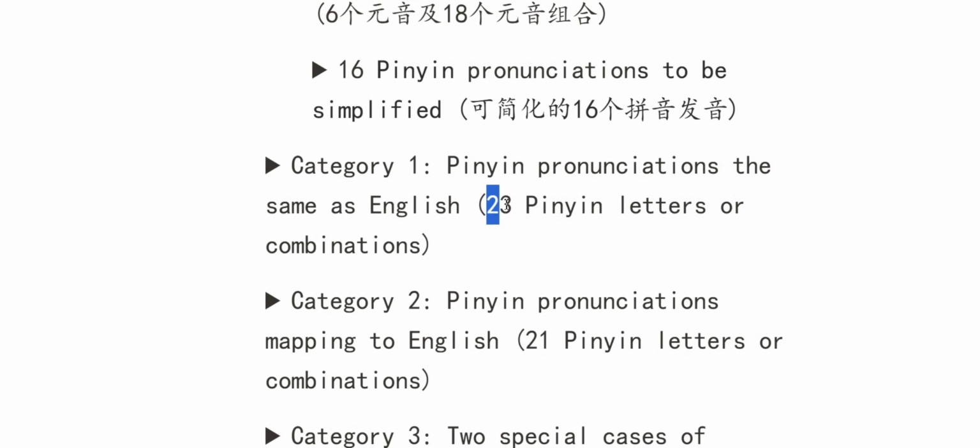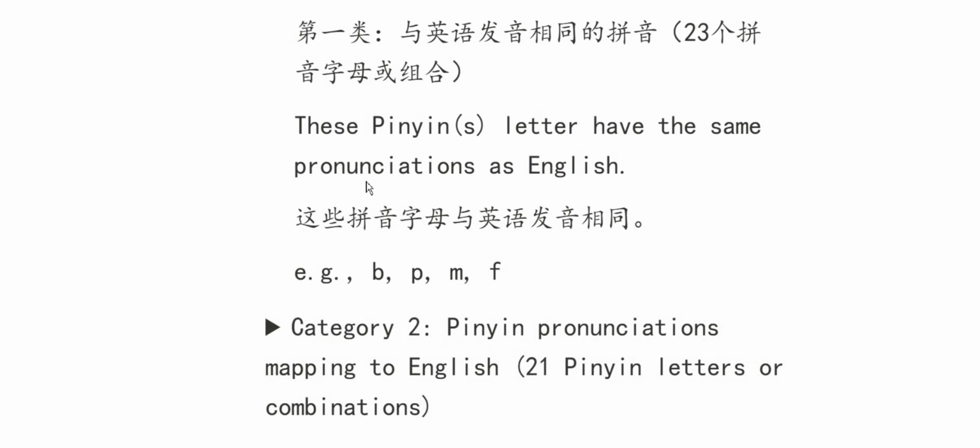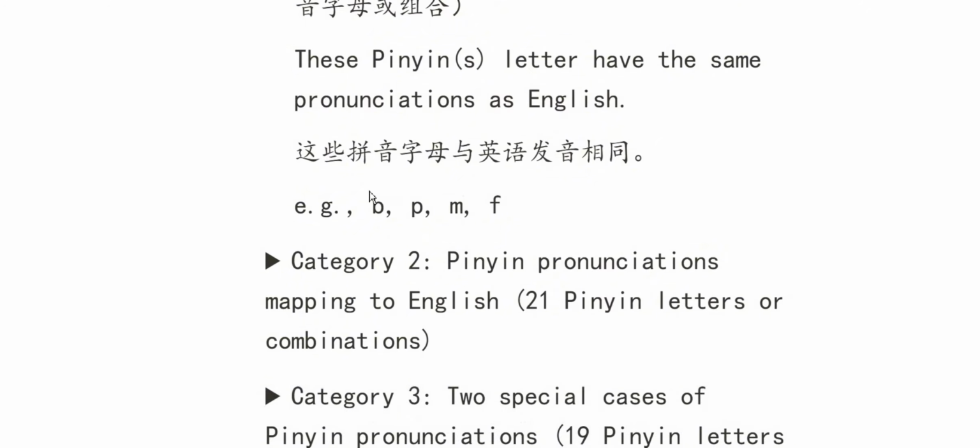So there are 23 Pinyin letters. So these Pinyin letters have the same pronunciations as English. Most of them are consonants. For example, the letters B, P, M, F, they have the same pronunciations as English.